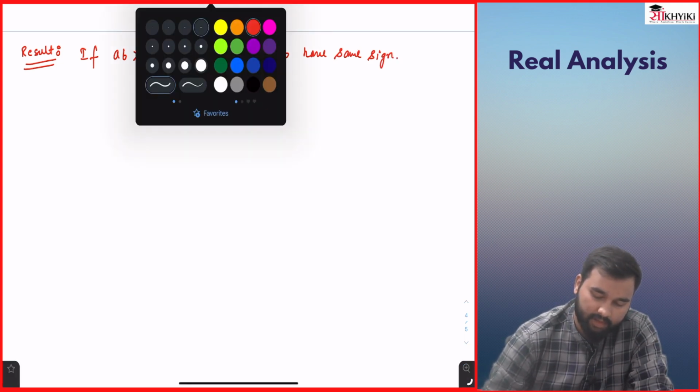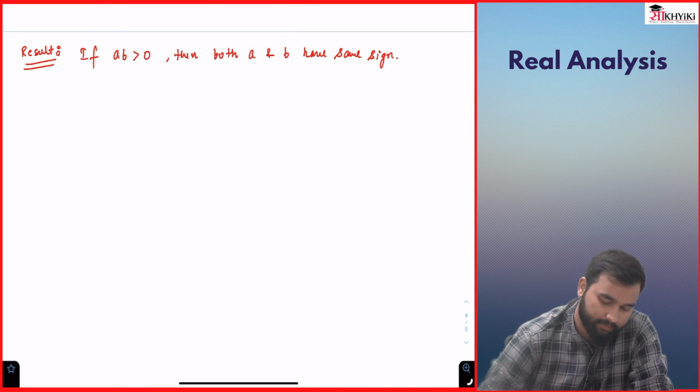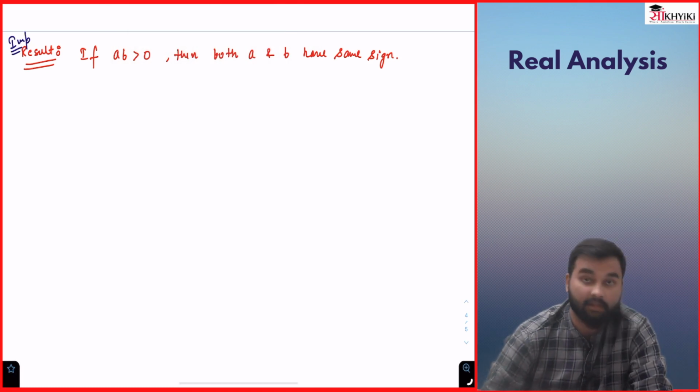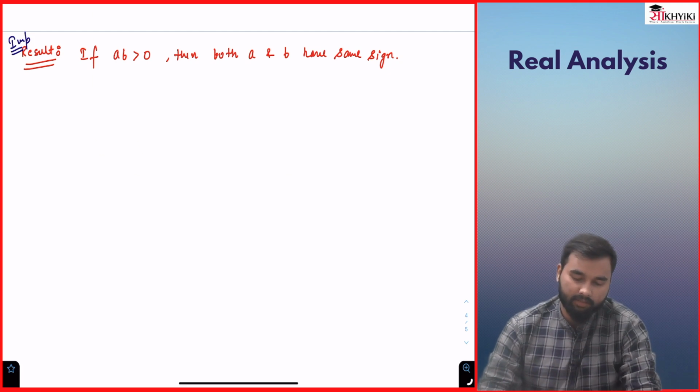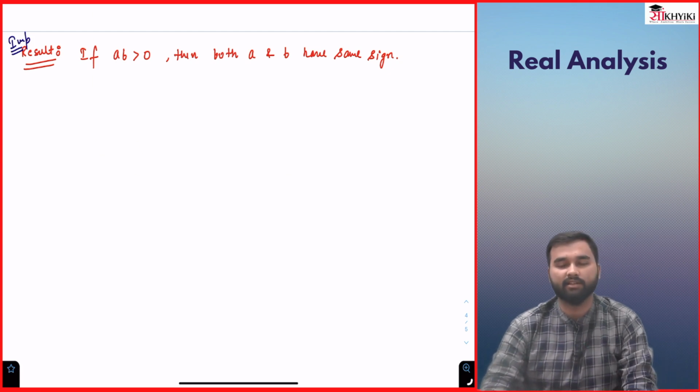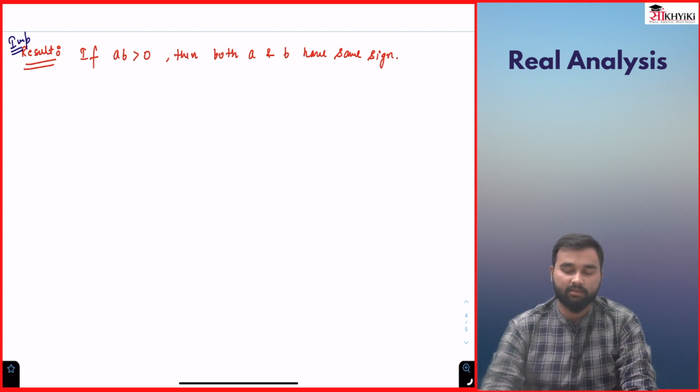And this result is very important from the exam point of view. Okay. And we have to use this result in the further upcoming sections.